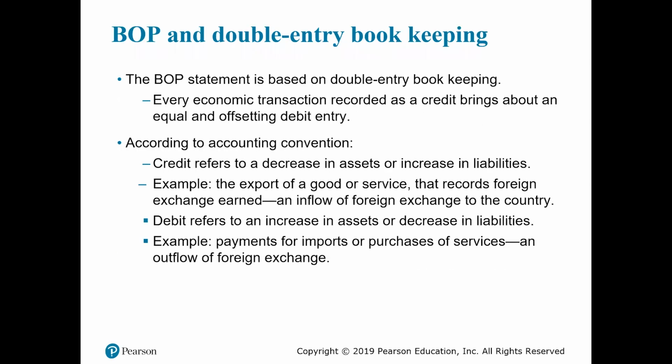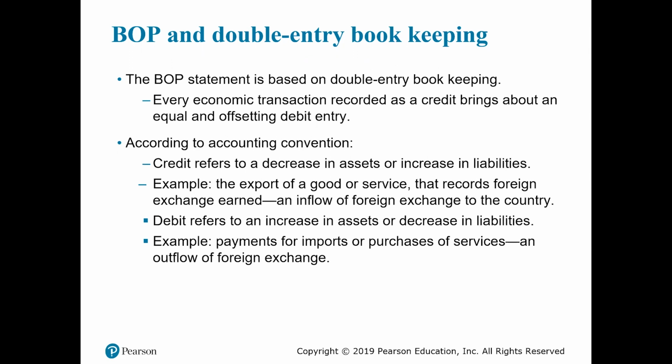So the BOP statement is based on double entry bookkeeping. What does it mean? It means every economic transaction, every cross-border transaction is recorded as a credit and an equal offsetting debit entry. So every transaction is recorded in two places, as credit and as debit.